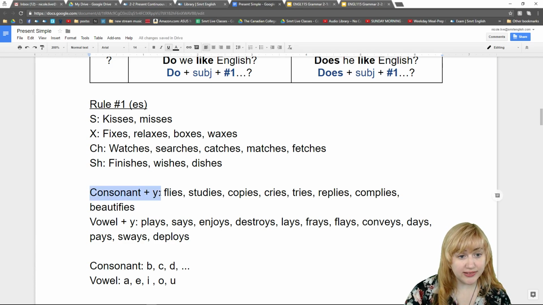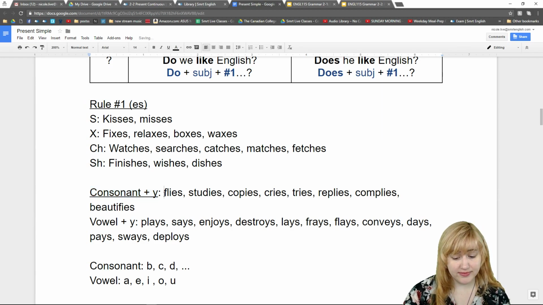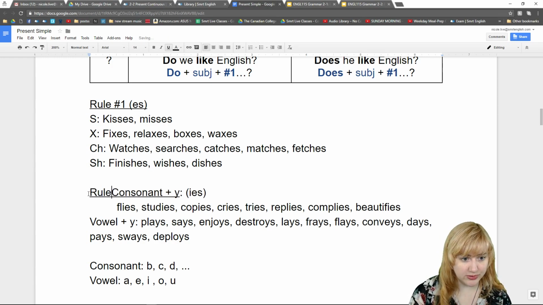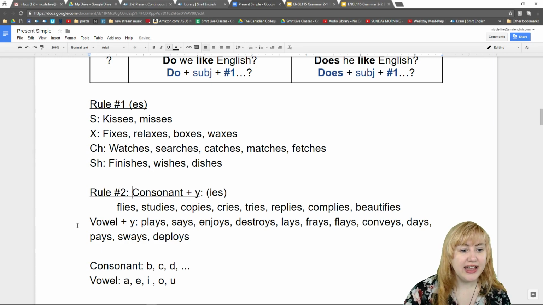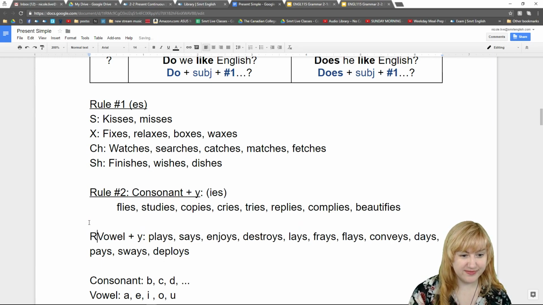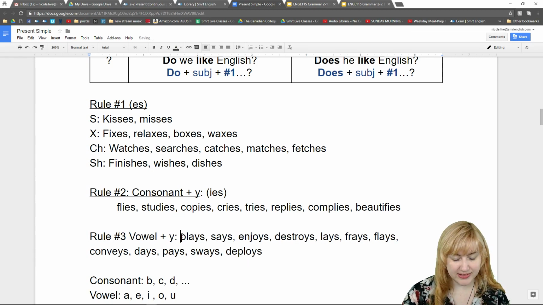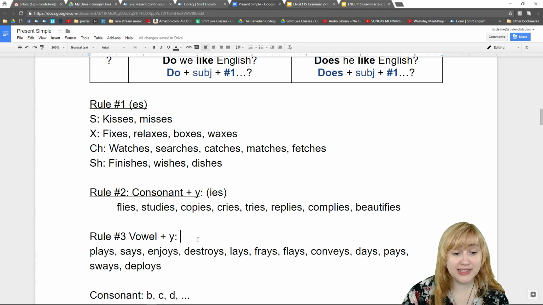Our second rule is consonant plus Y. In consonant plus Y, we're going to put IES instead of the Y. And then finally, our last rule, I'll call that rule 2. Good. And our last rule is rule number 3. Here we go. Which is if you have vowel plus Y, then we just put S. We don't need the IES.